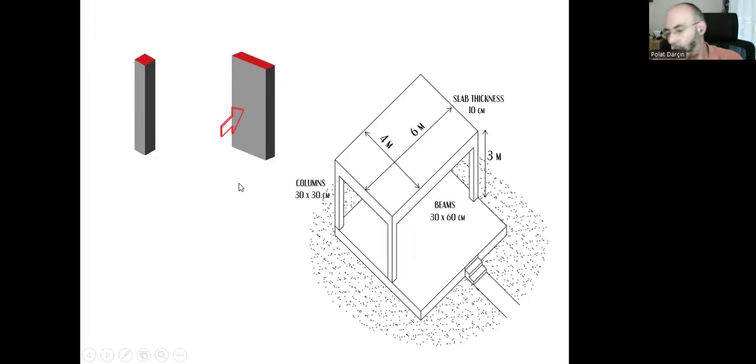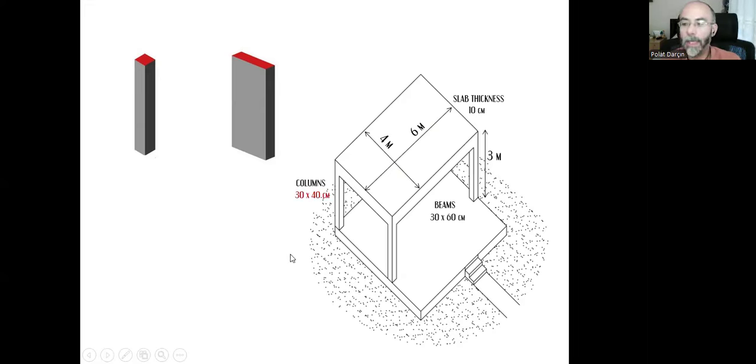Then in this direction the column will be weak, of course, but in the other direction it will be very strong. It will be hard for it to tip over.